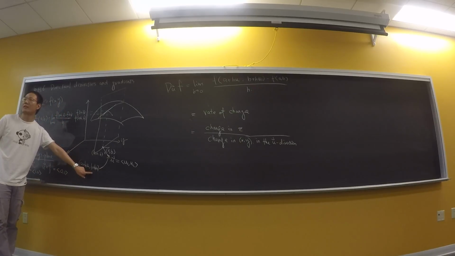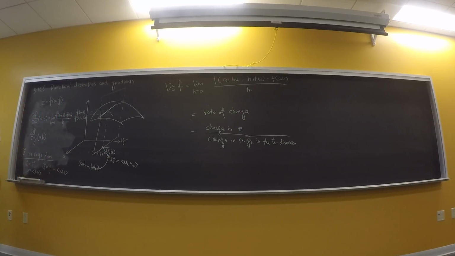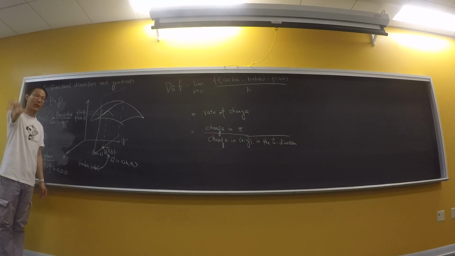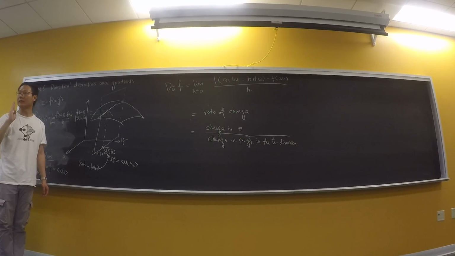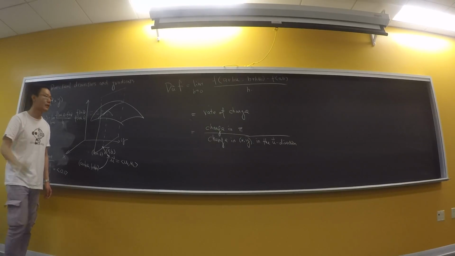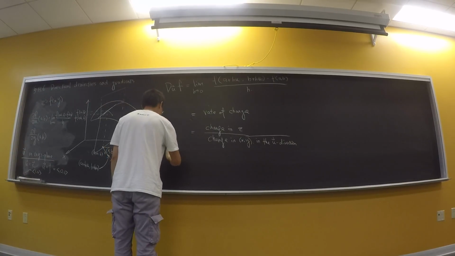All right? So now here is my movement. I'm sitting on (a, b). If I'm moving in the x direction, I have a rate of change that is given by the partial derivative with respect to x. If I'm moving in the y direction, I'm getting a partial derivative with respect to y. If I'm moving in the u direction, I'm getting a directional derivative with respect to this direction. So in a special case, I can in fact say the following.